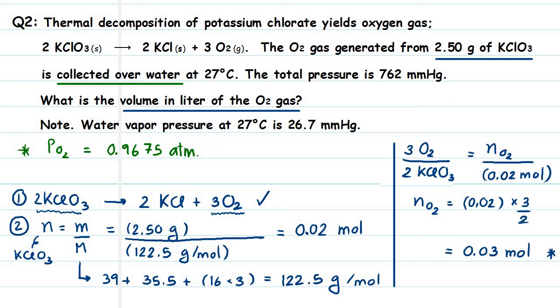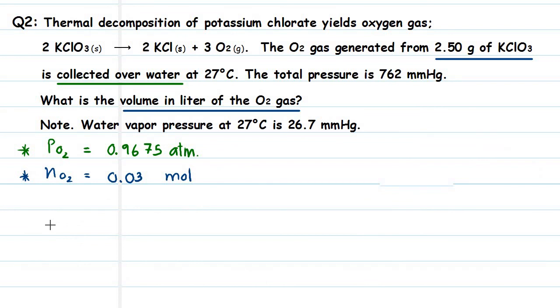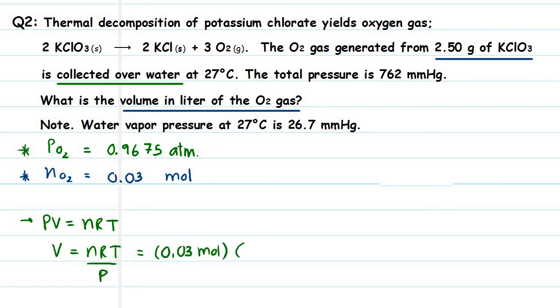Alright. But the question asks for the volume in liter for the oxygen gas, so we have one more step to do. To convert the mole of oxygen gas into liter or volume, we can use PV equal to nRT. And the volume that we are looking for is going to be equal to nRT over P. n is 0.03 mole and R is 0.082 liter atm per mole Kelvin.